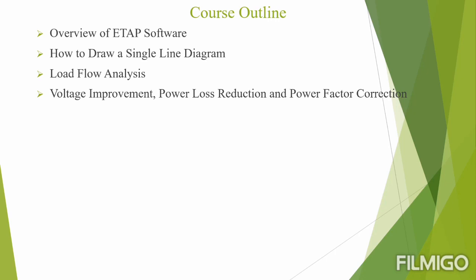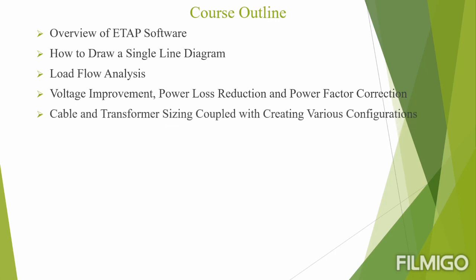Suppose we have inappropriate ratings, inappropriate voltage levels, and a high margin of power loss. It is not enough to identify a problem, but it is better to identify the problem and provide an adequate solution to the problem. That is where voltage improvement, power loss reduction, and power factor correction come in. We'll be teaching you how to improve a power system network.